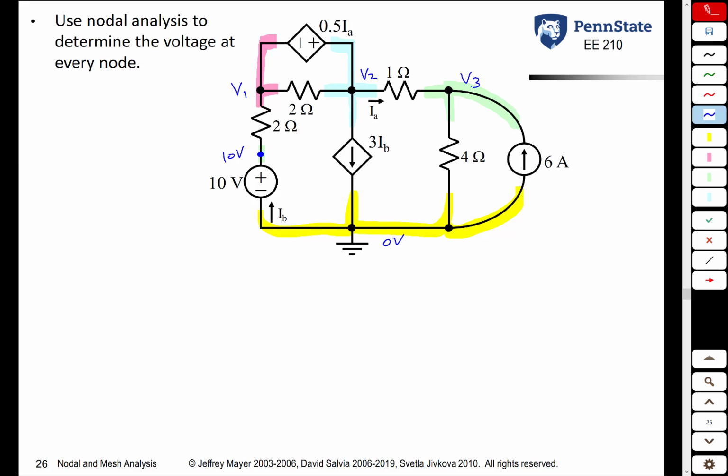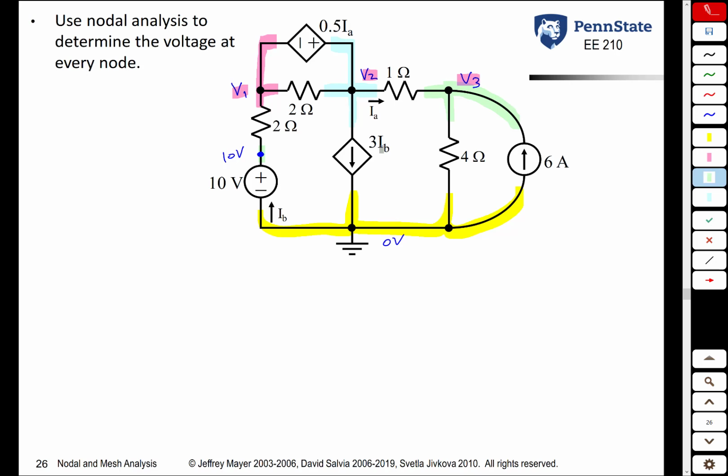So at this point, we've defined all of our variables. When we go to solve this circuit then, the only variables we want to use in our equations are V1, V2, and V3. We do not want to introduce any more variables. So the next step is to look at our dependent sources and get rid of the controlling variables. We have 2 dependent sources.